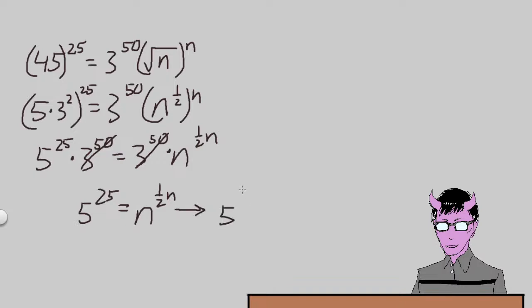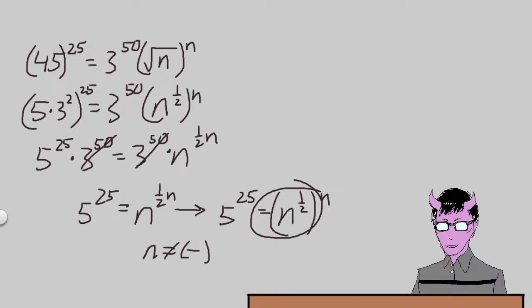Can we not visualize if we apply this to n first, right? So we have 5 to the power of 25 is equal to 2, and we arbitrarily select those ones first. Is it safe to do that? It's safe to do it as long as n is not a negative value. So n can't be negative. If n is not negative, then this is a valid thing that we can do.